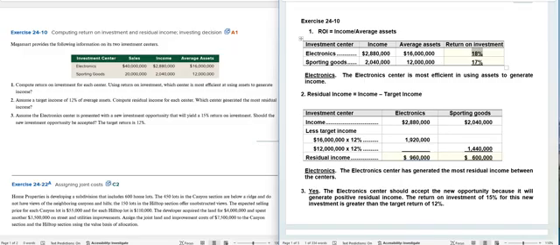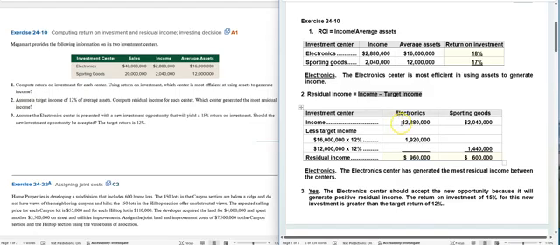Now, re-evaluating those two divisions using residual income, which is going to be the difference between their actual income and what the target income is. This company has a target income of 12% of average assets. In other words, they want their income to be 12% of the amount invested in their assets.